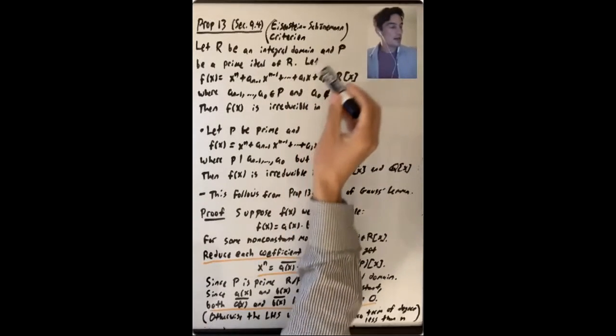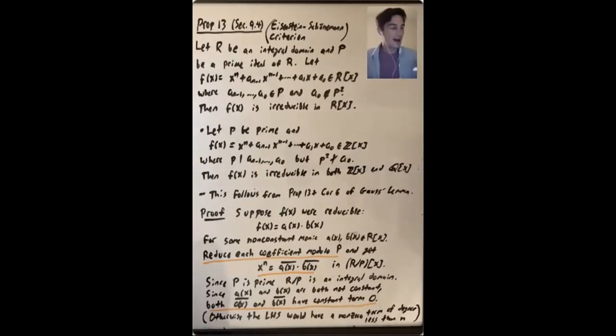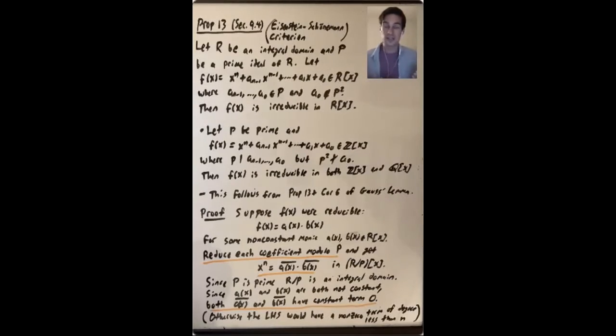So because we're working with this one prime ideal of R, this setup is really strongly suggesting that the thing to do is reduce all the coefficients modulo P and see what happens.